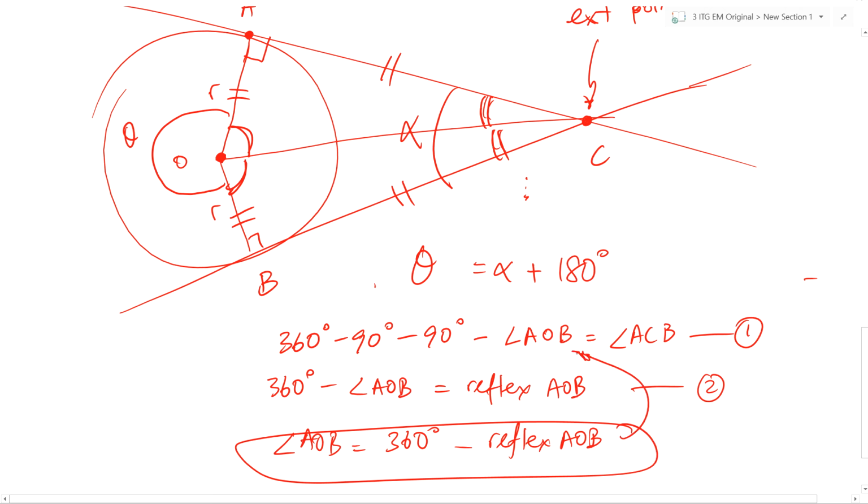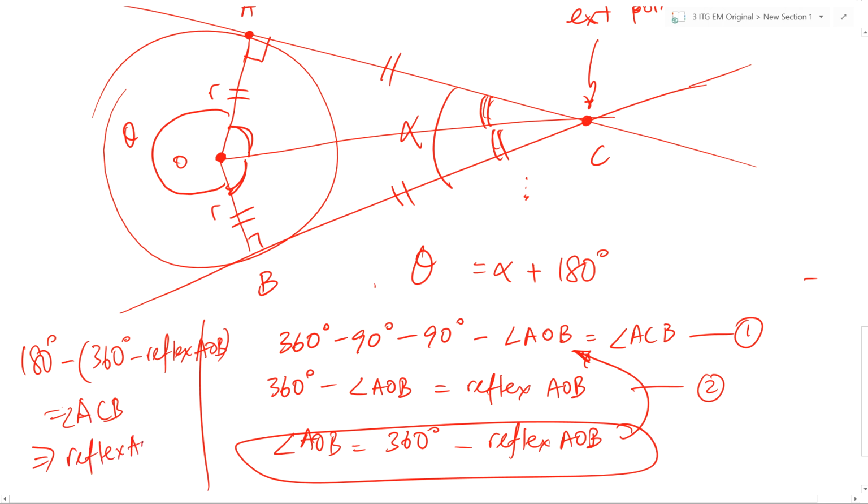Then I sub in, I'll get 180 minus (360 minus reflex AOB) equals ACB. Therefore, reflex AOB equals angle ACB plus 180. Okay, proven. So it is true.